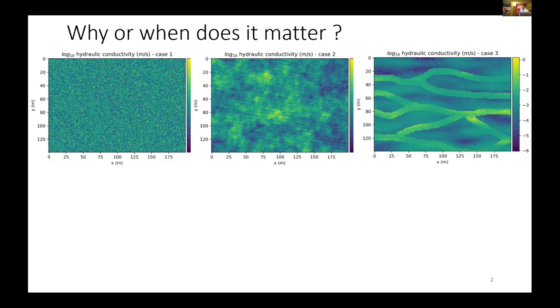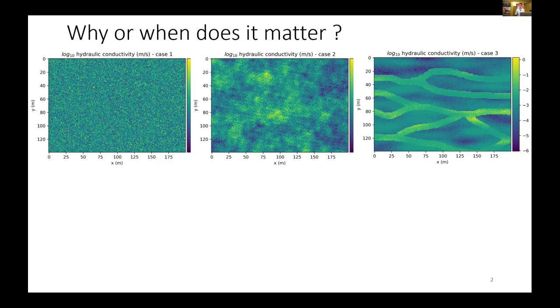And here I'm considering 3 totally synthetic cases, but you can imagine that they represent an aquifer with shared hydraulic conductivity properties, but distributed totally differently. So on the left, we can see some kind of very noisy pattern.